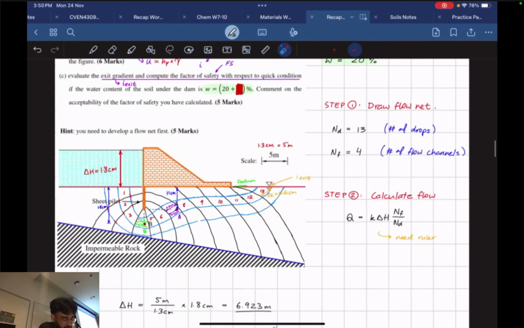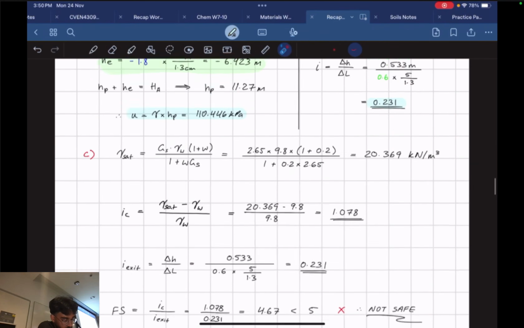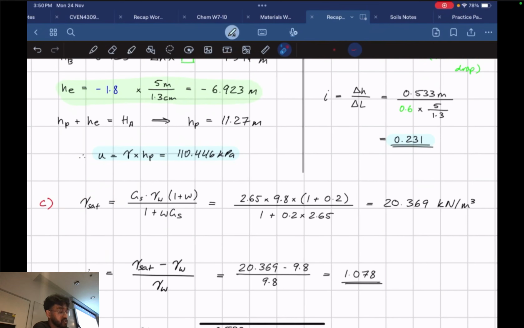So IC. Let's go down a little. First of all, you're going to need your gamma saturated, because your formula for IC is gamma submerged over gamma W. Oh yeah, it's just this formula: gamma saturated minus gamma W, all over gamma W. So first of all, I'm going to have to find my gamma saturated, which changes with your water content as well.